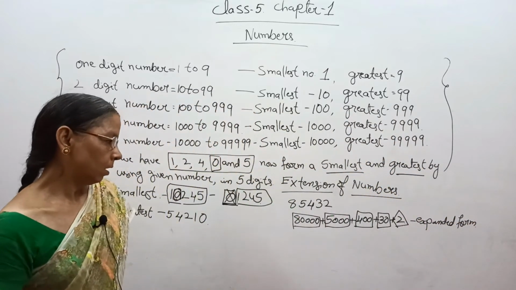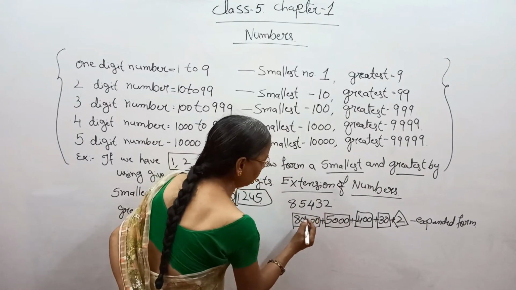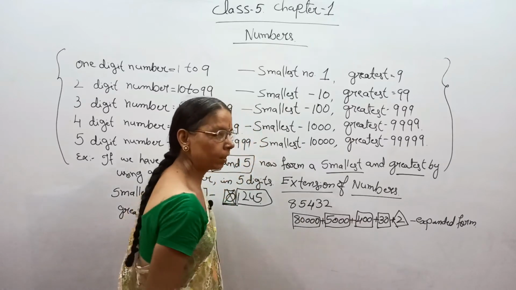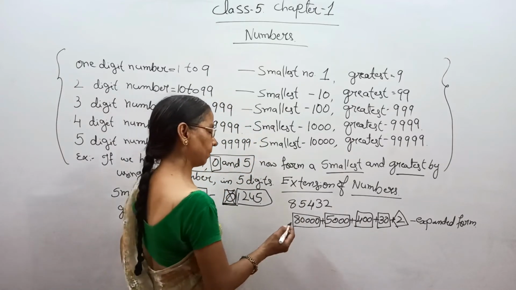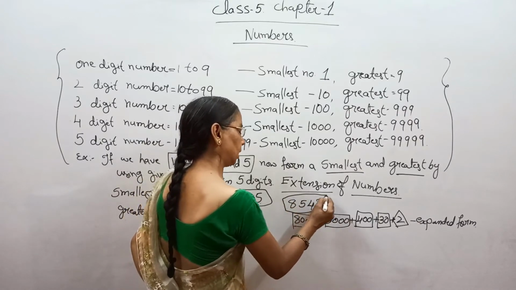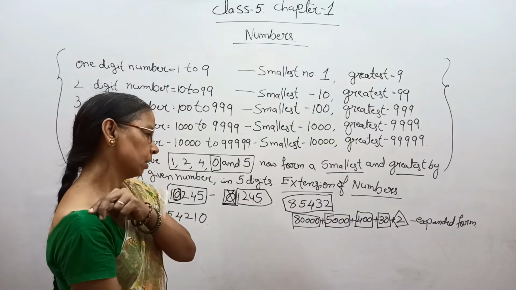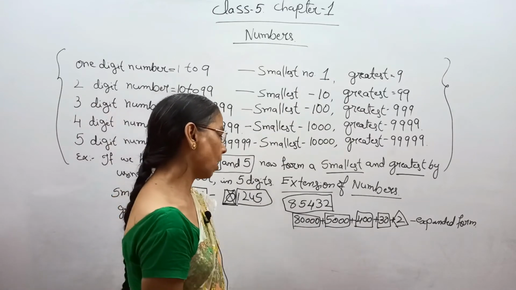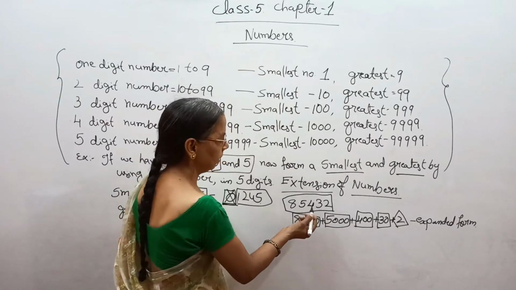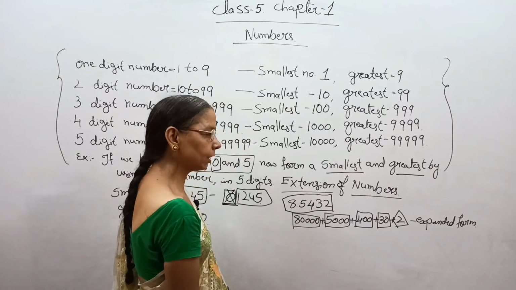Now, if we put this into periods, what is a period? The number is divided into periods, and along the numbers we have to divide it into periods.